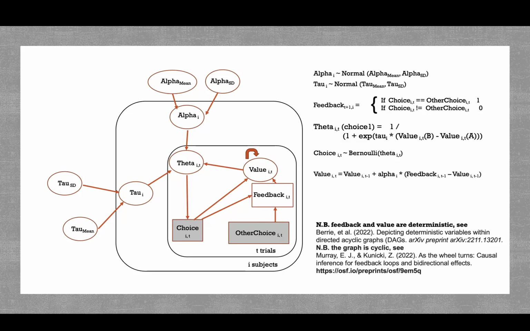This is just to give you an idea of how these things work. And the two parameters that are individual level and then population are tau and alpha. And again, because unfortunately I read new stuff, you can see here we have represented in directed cyclic graphs, not only value feeding back into itself, but also you can go from choice to feedback to value to theta to choice, which makes it not acyclic, which doesn't matter for this example because we implement the full model in Stan.